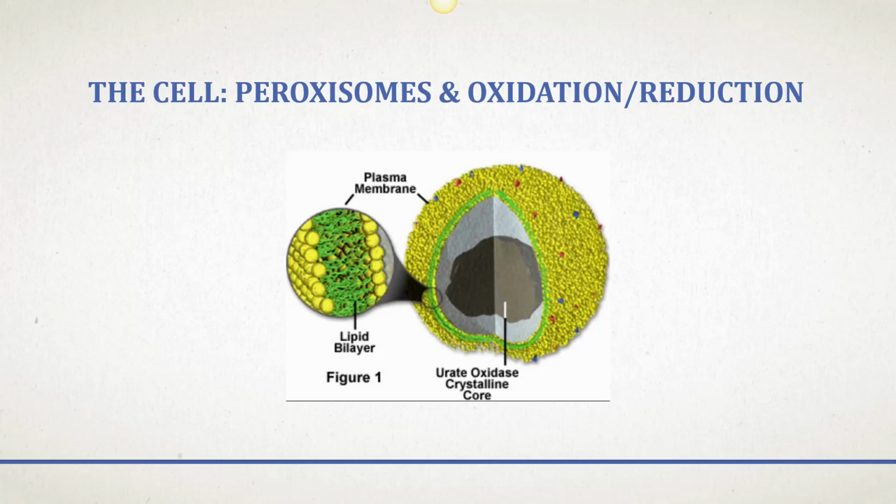As a person ages, these peroxisomes decrease in number, and mitochondria start to dysfunction, and they start to produce a lot more of these free oxygen radical compounds, and that increases the process of aging. So the more you consume antioxidants, the more you're going to kind of keep them at bay, and the slower you're going to age.